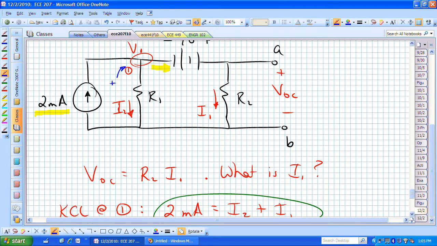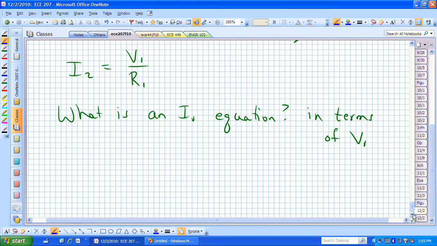V1 is just this voltage drop right there from this reference node, which is the bottom terminal, up to that node on top of R sub 1. That's just node 1. Let me now do a KVL equation around there. Let's say that that's mesh 2 or loop 2. In terms of loop 2, I can now write the following.